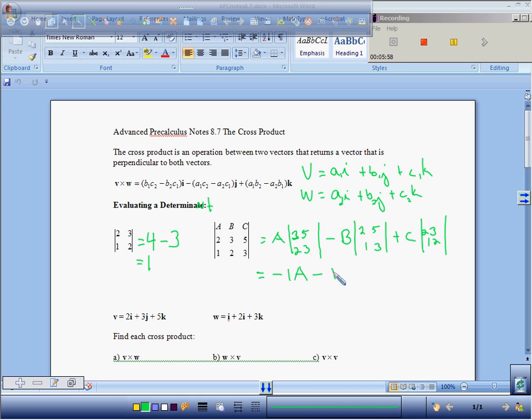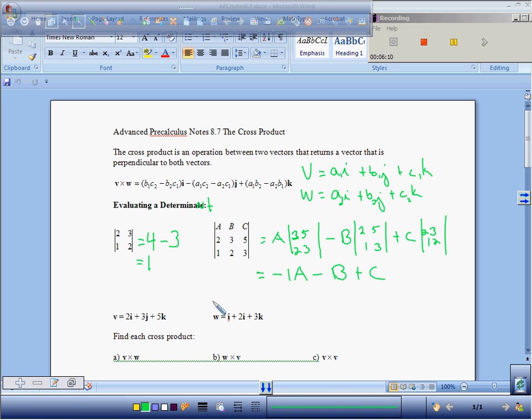And plus C times 2 times 2 minus 1 times 3, which is also 1. So the value of this determinant is negative A minus B plus C. Why is this negative A? Because it's 9 minus 10, right? 3 times 3 minus 2 times 5.